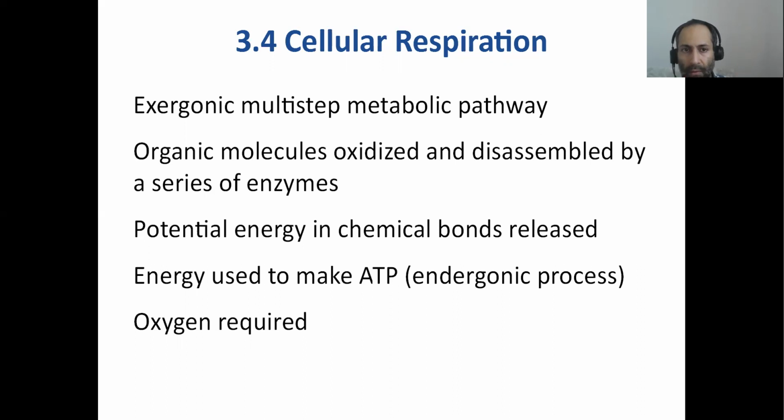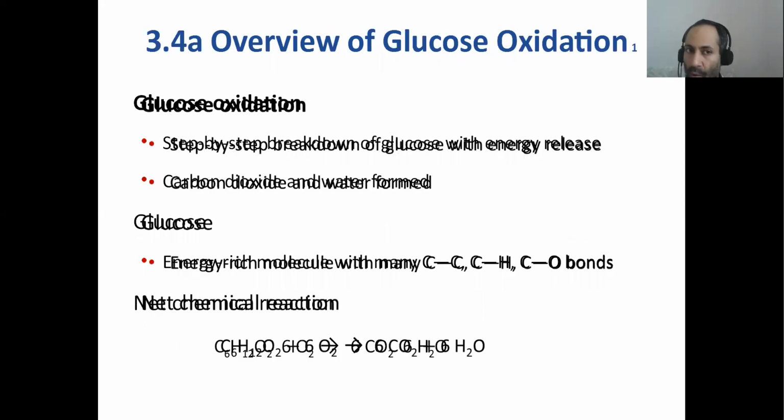Okay, so cellular respiration, as we see here, is an exergonic process, which means it releases heat and it releases energy. And that energy is used to make ATP, and you require oxygen for that. Here you're looking at the overall chemical equation for cellular respiration. So what does that look like?